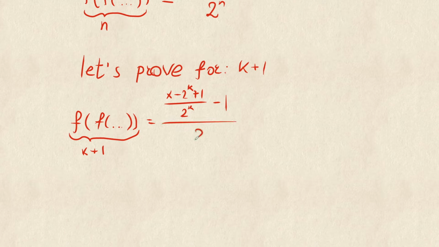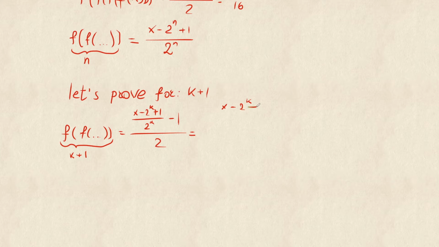So what we did is plug in the kth term to our original formula, and now we have to prove that this expression equals our nth term, but for k plus 1.